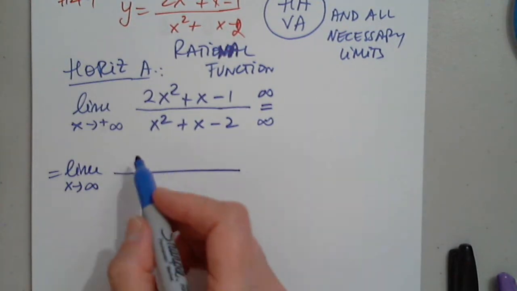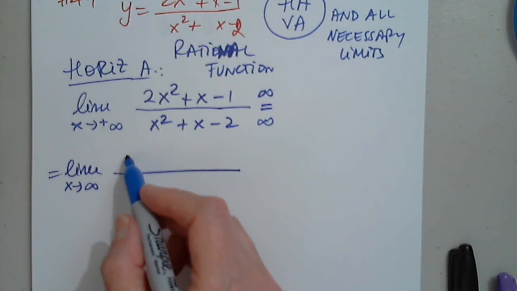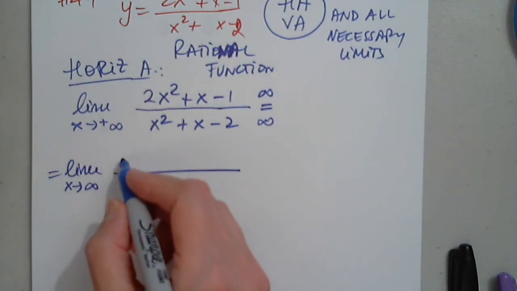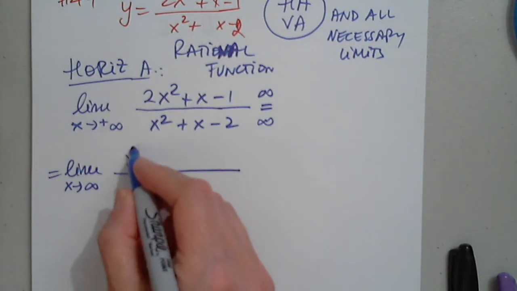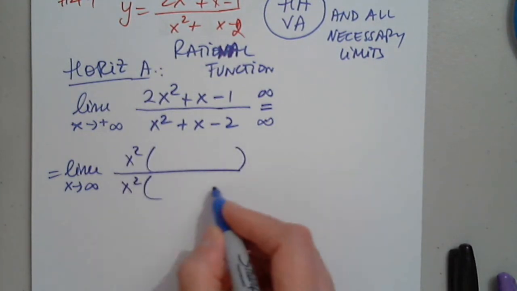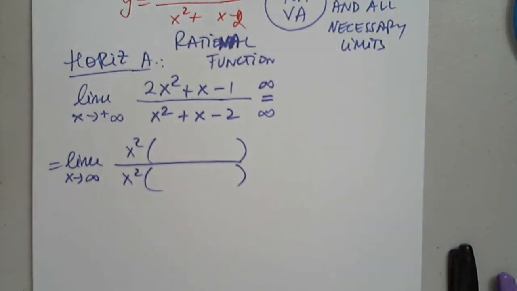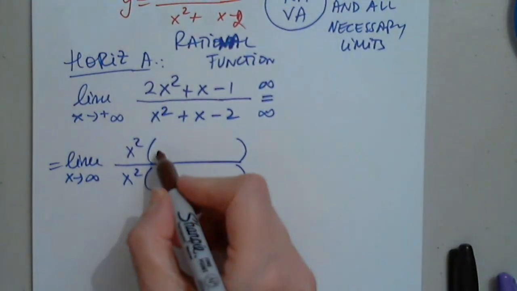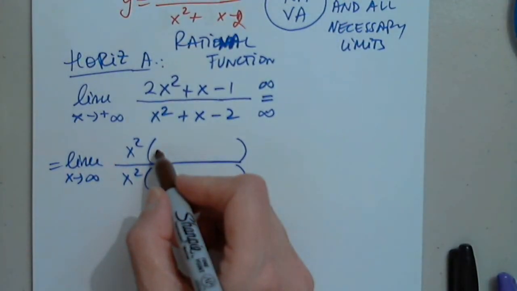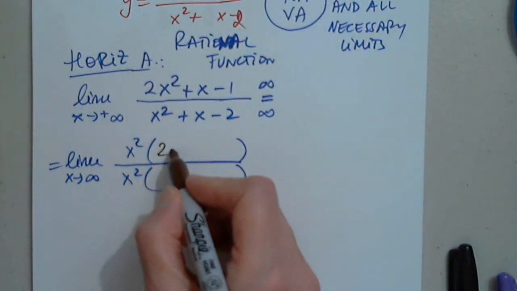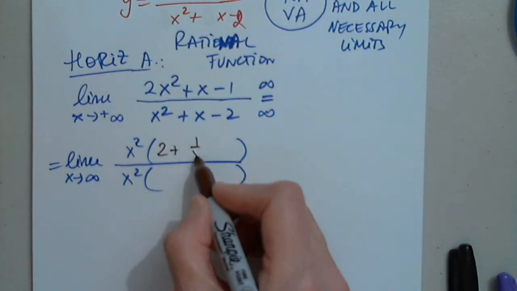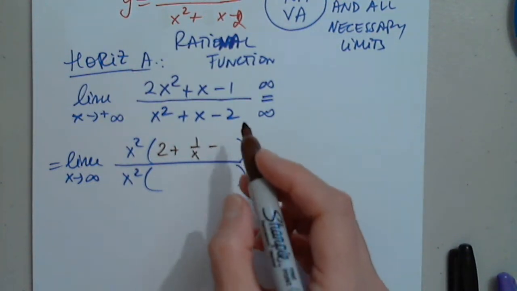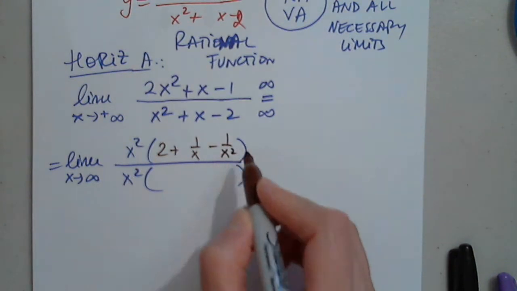So then what is the next step? Pull out the biggest exponent. Good. So what do I factor out then? X squared. Very good. What is left? Anyone? Two plus 1 over x minus 1 over x squared. Thank you very much.